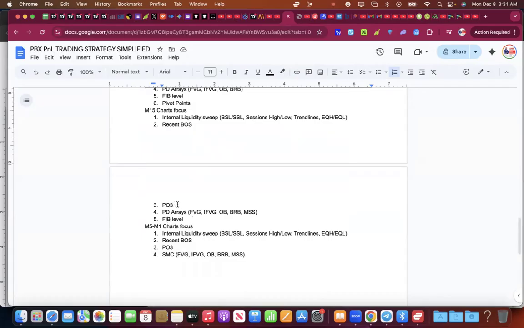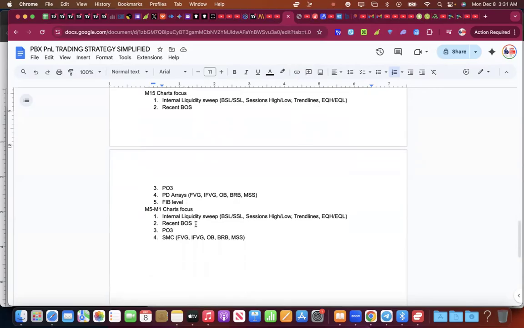CRT is not applicable here because it's too small to get the CRT fib level to apply. M5 to M1 chart focus: internal liquidity sweep, buy side, sell side, session high, low, trend line, equal high, recent break of structure, power of 3. That's what we use for entry confirmation.